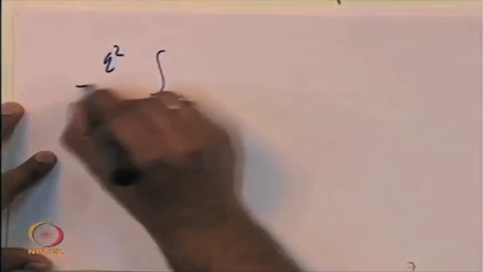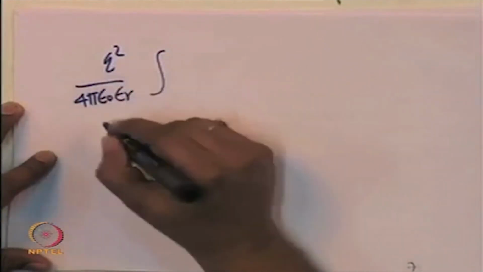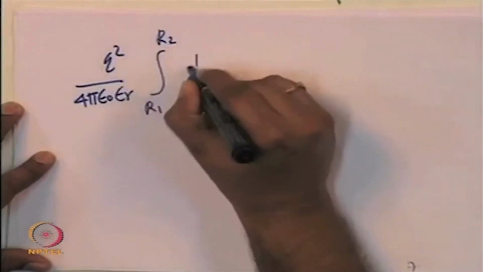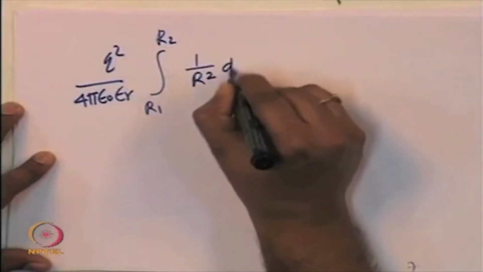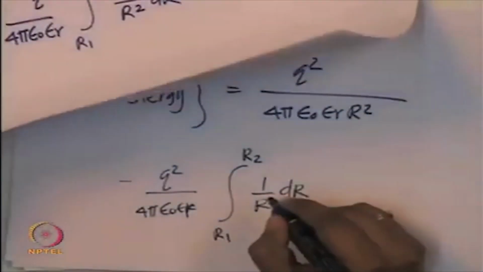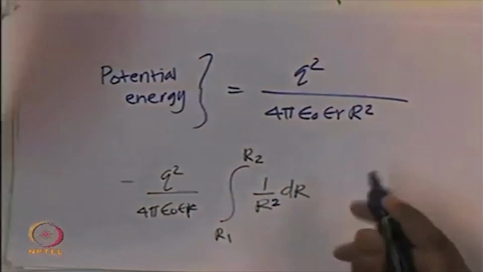So again you can do this. If you do this integral, let us have a look at what you end up with. Basically what you have to do is take q square by 4 pi epsilon 0 epsilon r as a constant, and integrate 1 over r square dr from r1 to r2. In the previous one you had the integral of 1 over r square. So this is the energy we have.